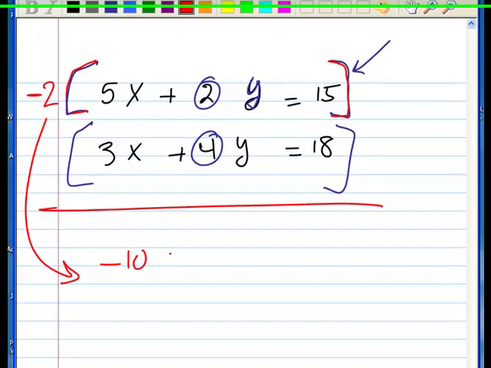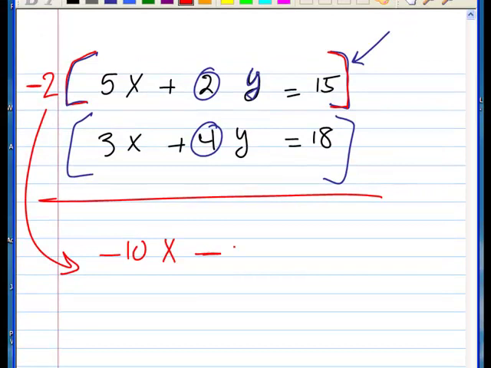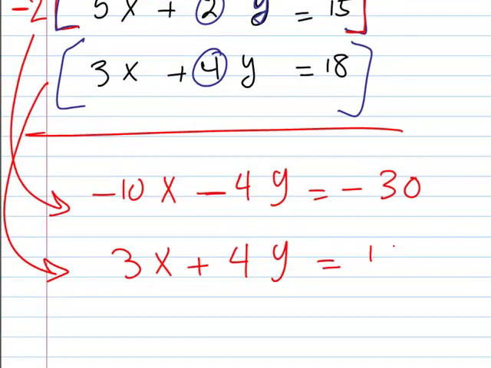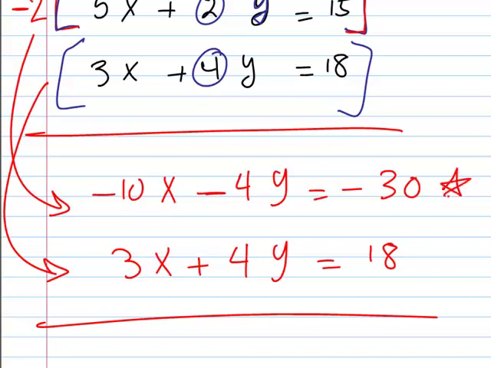We get -10x minus 4y is equal to -30. And this one, I'm not going to do anything to it. This one remains as 3x plus 4y is equal to 18. Now look, if I add these two constraints, -4y and +4y cancel out.